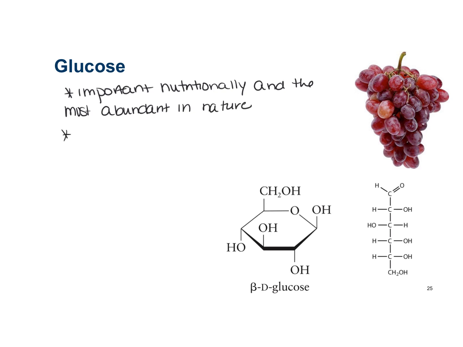We find glucose in things like honey. It's found in fruits like grapes, figs, dates, any sort of fruits like that. Ripe grapes, like what you see here, are about 20 to 30% glucose.